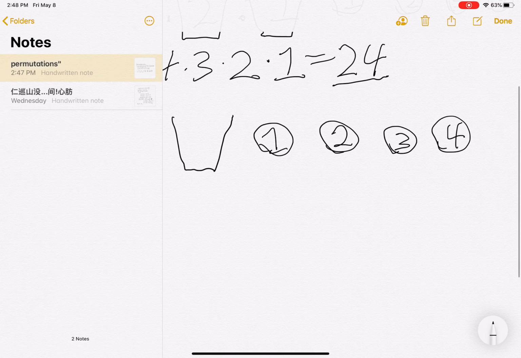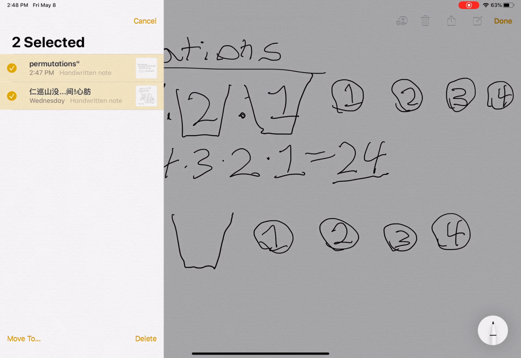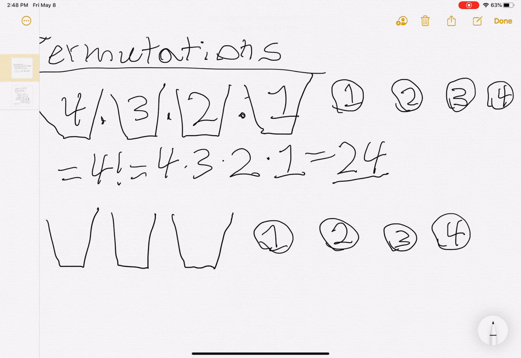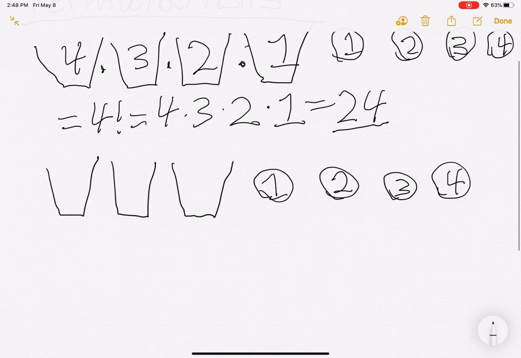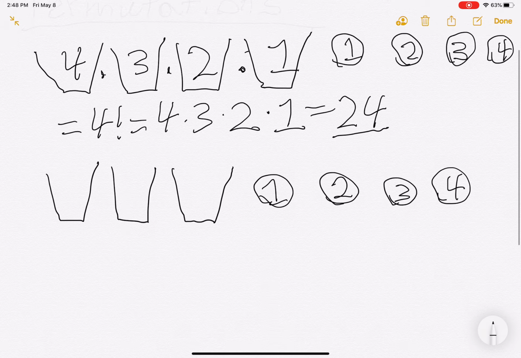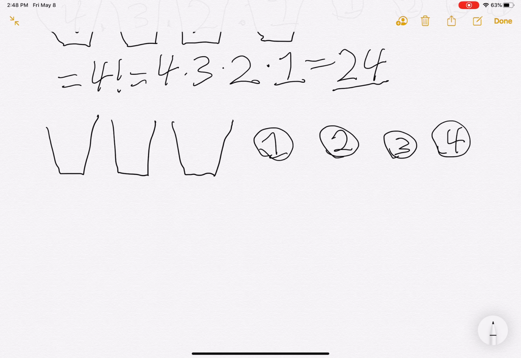So we have 4 possibilities here. So as a result, we can put 4 of these balls in this cup. Again, same procedure, 3 and 2 in this cup.